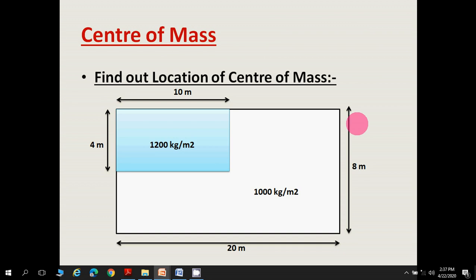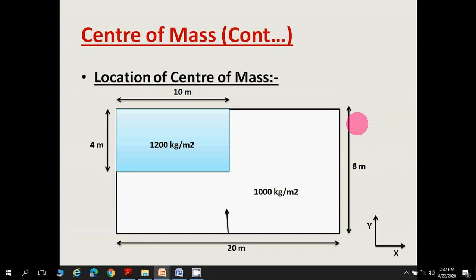We need to find the point at which the center of mass will be located. So how will the center of mass be found?